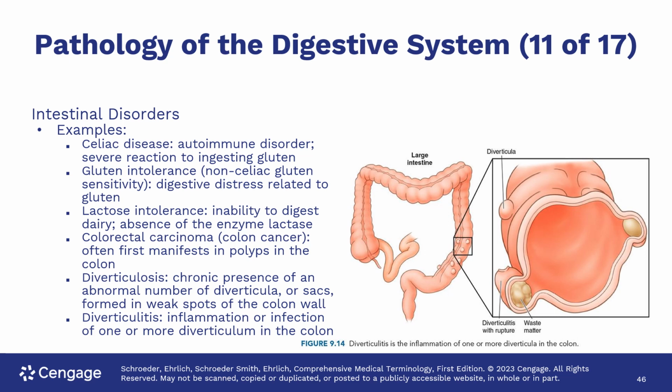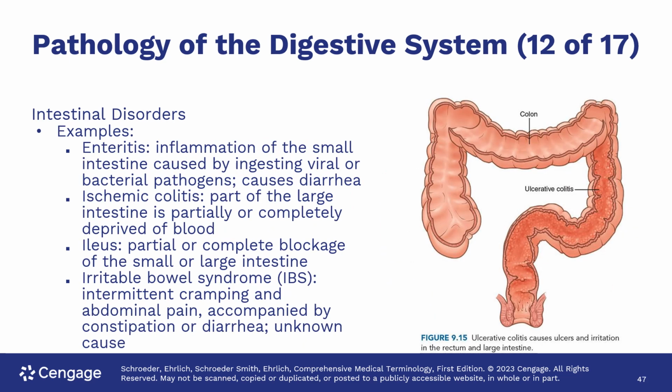And when they get inflamed, it's called what? Diverticulitis. Exactly. Enteritis is inflammation of the small intestines. Ileus is a partial or complete block of the small or large intestine. Irritable bowel syndrome, or IBS, is intermittent cramping, bloating, and either constipation or diarrhea.